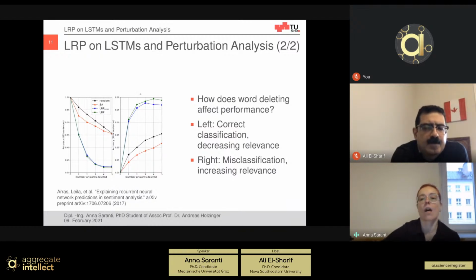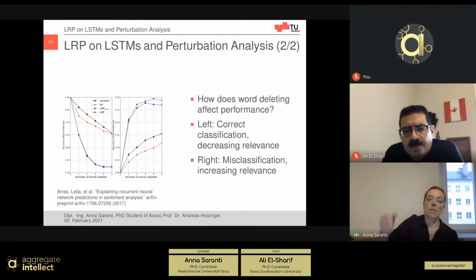On the opposite side, if we have a misclassification and we remove first the words with the greatest relevance, then the second most relevant word, the misclassification performance increases. So this is also a way to validate that our neural networks and our explanations work properly.